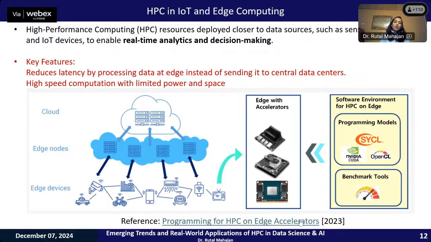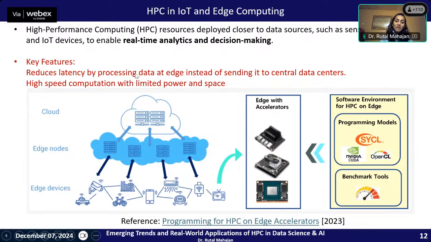So now let's see how this high performance computing is affecting IoT and edge computing. HPC resources, we can say, are deployed closer to the data sources such as sensors, cameras and IoT devices to enable real-time analytics and decision making.